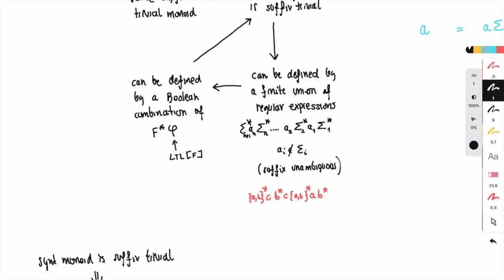It follows from the monoid, and maybe it's not completely obvious if you look at it for the first time. So if you take a language and it's recognized by a suffix trivial monoid, then the same is true for the complement. So the class of languages recognized by a suffix trivial monoid is closed under complements. In fact, it's also closed under unions and intersections, and therefore it's closed under arbitrary Boolean combinations. But let's focus on complement. It follows that if a language is recognized by a finite union of regular expressions which are suffix unambiguous, the same is true for its complement, because this class is closed under complement. So that will be maybe nice to notice.